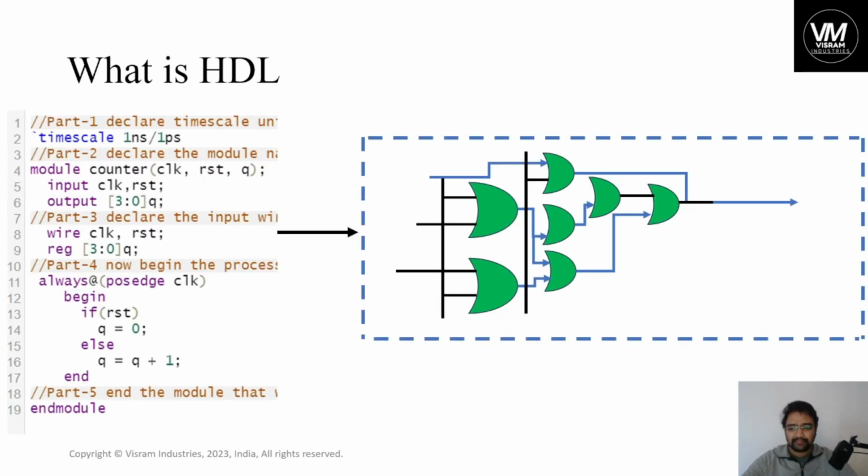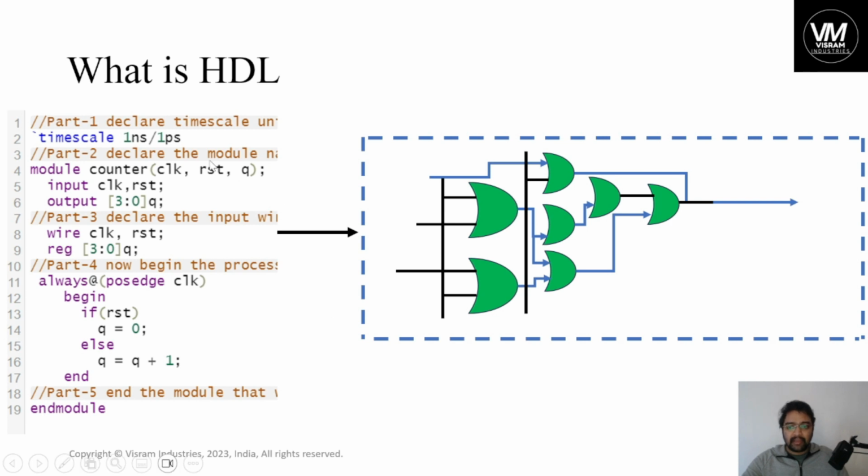Now, here you can understand. Let us take a very basic example. Don't bother about the code, this is a behavioral model, or a data flow model. Don't worry, we can tell it can be a behavioral model or a gate level model of it.